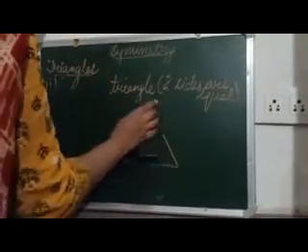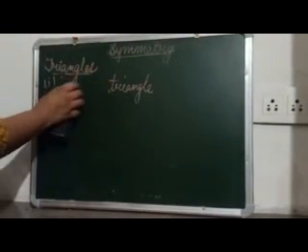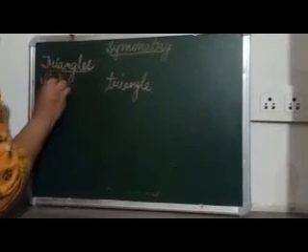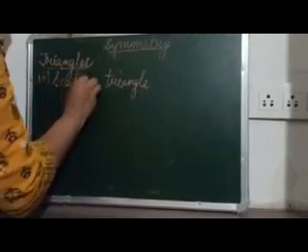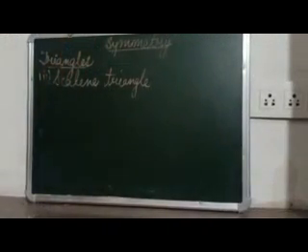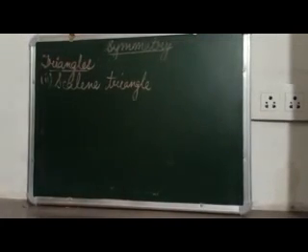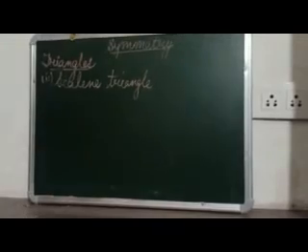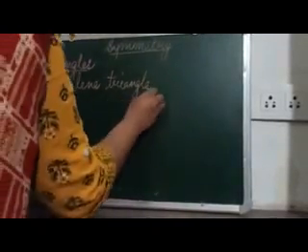Coming to next, the last type on the basis of sides, it is the scalene triangle. In a scalene triangle we know that no side is equal to another, which means all the sides have different dimensions.